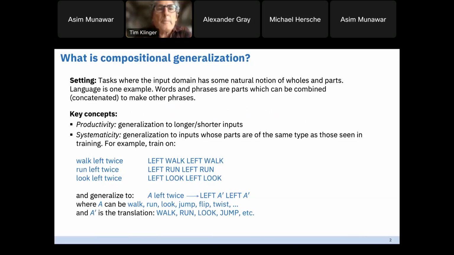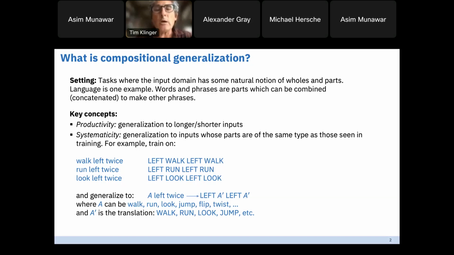The question is, what is compositional generalization? So we have a machine learning model that we're training on some training data, and we want that model to generalize in two important respects I'll describe. But first, the setting where we can talk about this is a setting where the input domain of the task has some notion of wholes and parts, some notion of composition. An example of this would be language, where say translation of one sentence in one language to a sentence in another language.